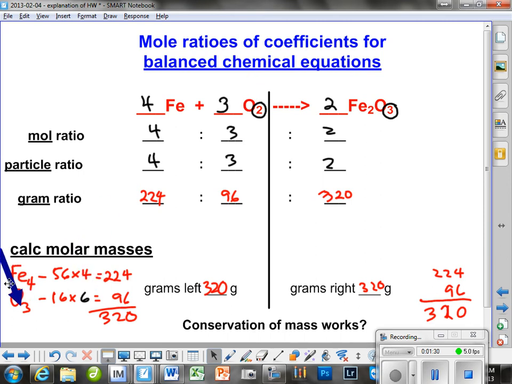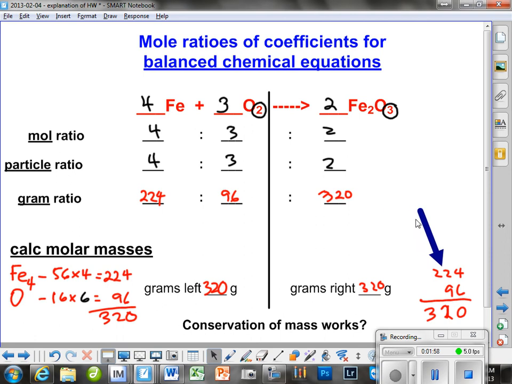So when we take the oxygens and multiply their molar mass times the total number of oxygens represented here, which is 3 times 2, that's where the 6 comes from, we get a total mass for the left side. We also get our mass ratio from these numbers.